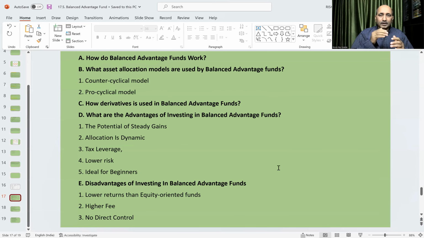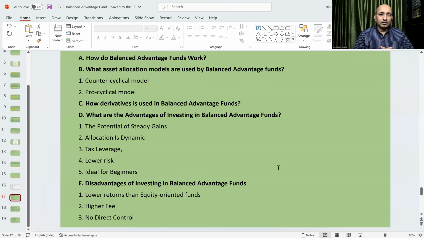But when the market appreciates and is in a high condition, the equity allocation may be only 20% and 80% in debt. Even the fund manager uses arbitrage to balance this equity portion and get advantage of the volatility of the market. So they have different tools and their asset allocation model which is used.